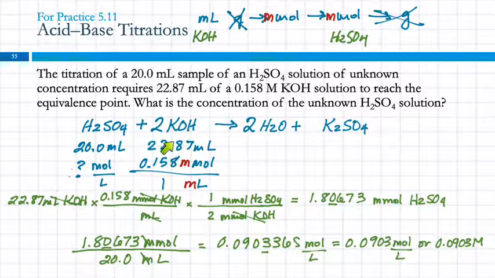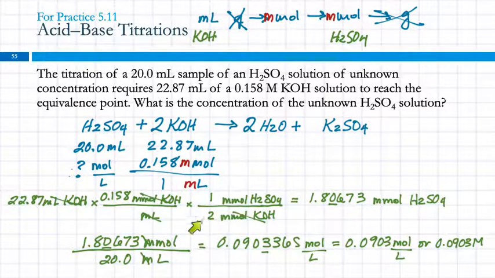But here we have very similar amounts of these two solutions. And so the concentration we got for the sulfuric acid is significantly less than that of the KOH, which makes sense because we need twice as many KOH molecules as H2SO4 molecules. So this would have to have a lower concentration and that a higher concentration since the volumes are similar.